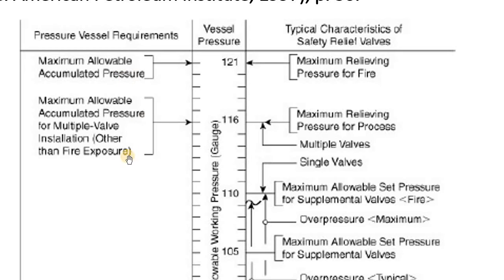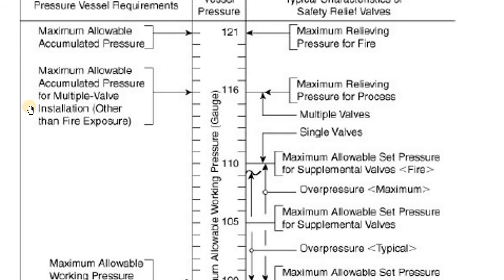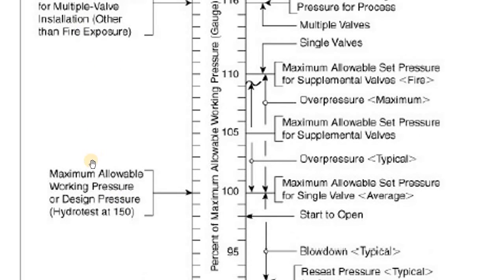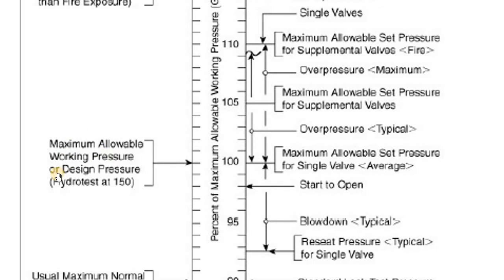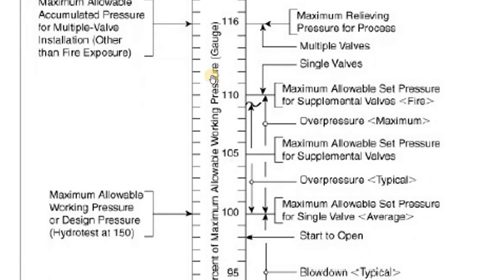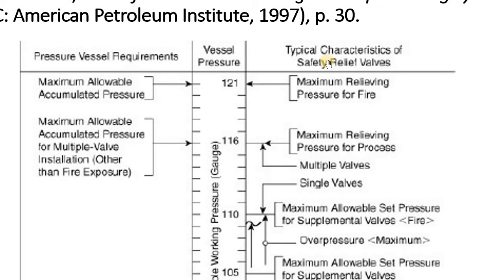Maximum allowable accumulated pressure. Maximum allowable accumulated pressure for multiple valve installation. Maximum allowable working pressure or design pressure. Usual maximum normal operating pressure. Okay, and of course this is the gauge pressure. Typical characteristics of safety relief valves. So if the pressure is 1:1, maximum relieving pressure for fire. Okay, so this is usually for fire.